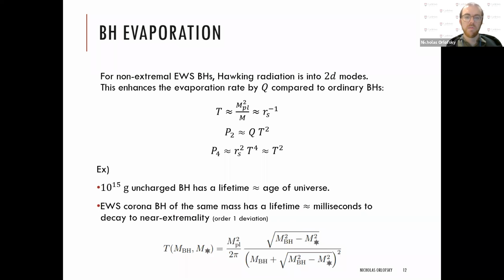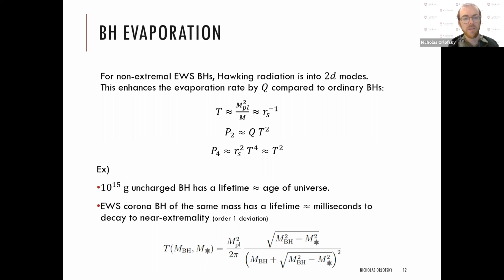Whereas the four-dimensional radiation goes as the Schwarzschild radius squared times T to the fourth, which is parametrically just the temperature squared, the two-dimensional modes go only as temperature squared and then times the number of modes, which is enhanced by this factor of Q.